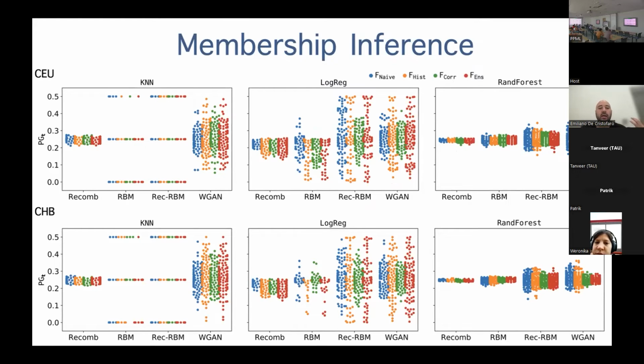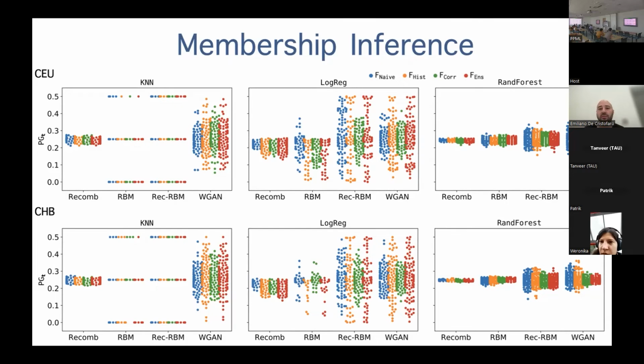On the x-axis you can see the different generative models, RECOM, RBM, WGAN, and so on, and different classifiers. Here the classifier is the attack classifier, the one that tries to infer membership.